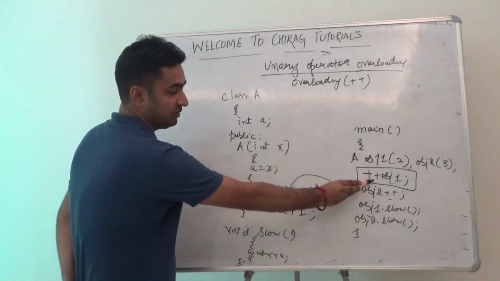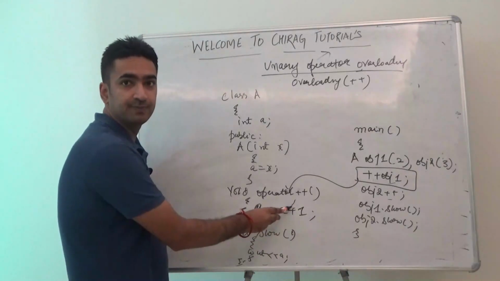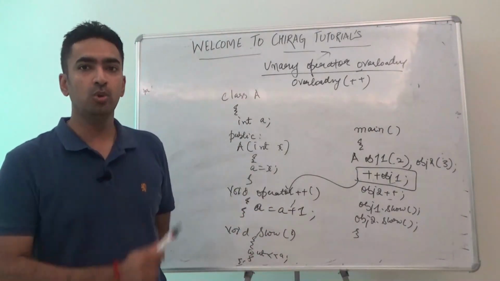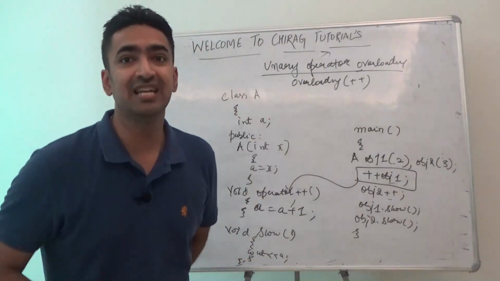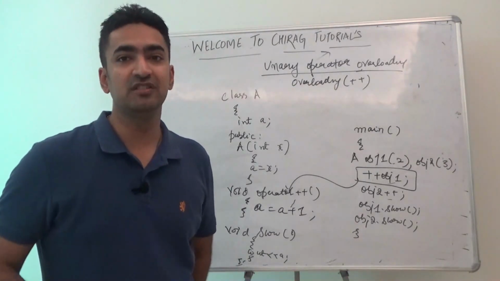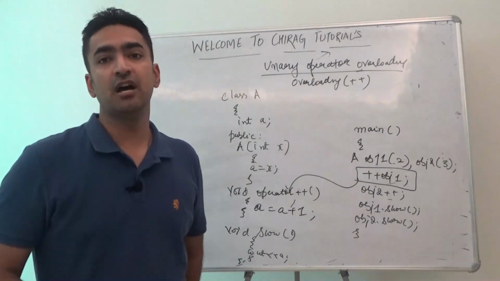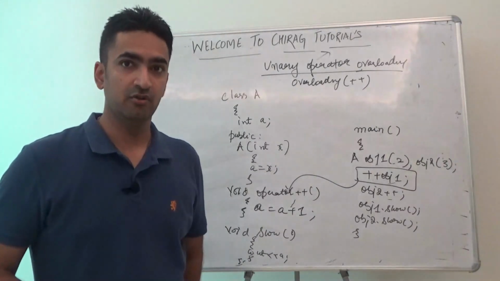So plus plus obj1 will call this function, and for overloading a post-increment operator we always use an integer argument in the argument list.